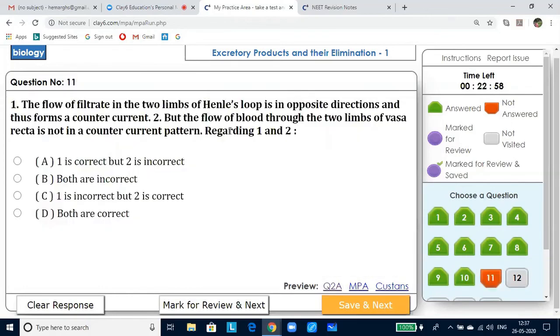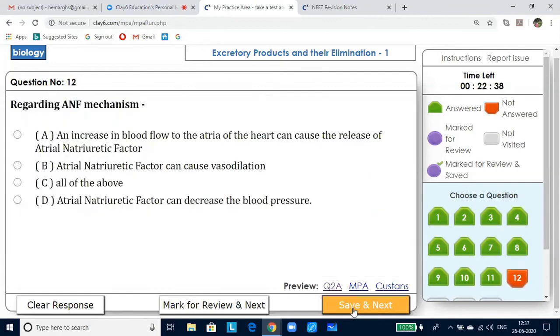The flow of filtrate in two limbs of Henle's loop is in opposite direction and thus a countercurrent. That is true. But the flow of blood through the two limbs of vasa recta is not in countercurrent. This is wrong. Even there it is in countercurrent. So 1 is correct, but 2 is incorrect.